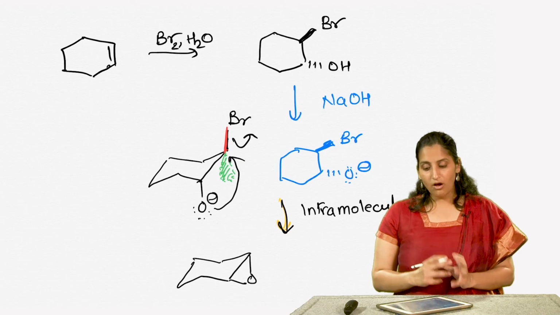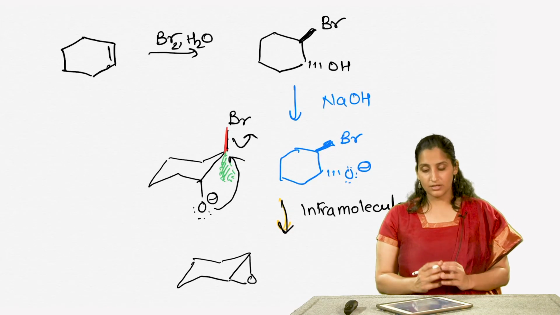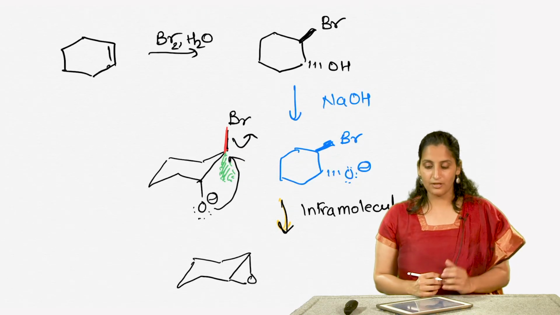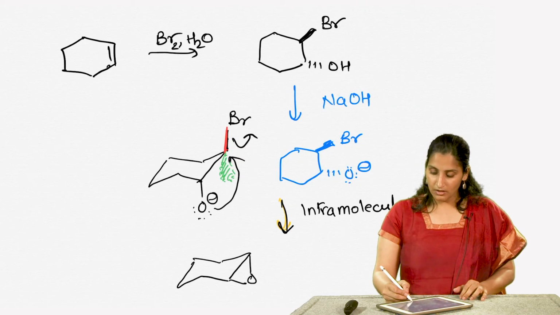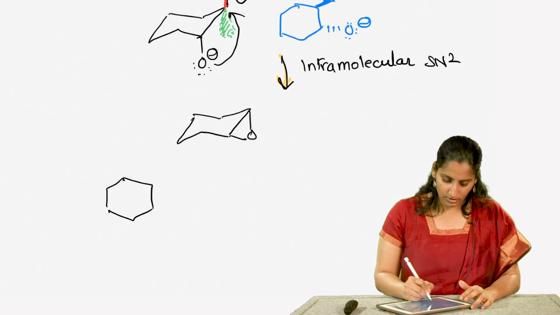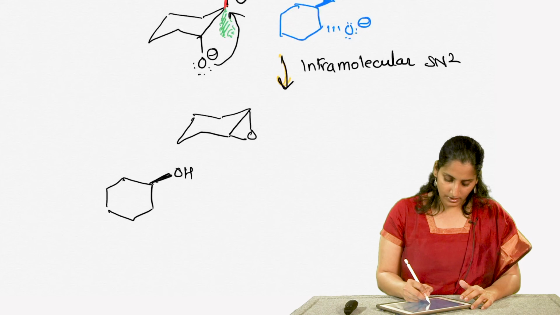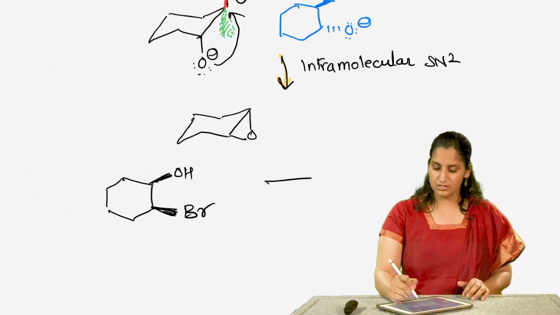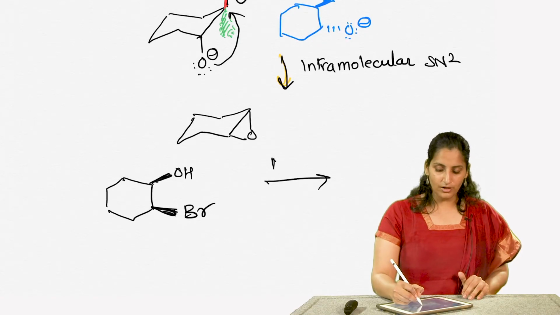So, not all halohydrins can really show this kind of geometry. In fact, syn halohydrins, wherein we start with this molecule, let us say if both the OH and bromine were coming towards you, then this molecule will not show intramolecular SN2 reaction.